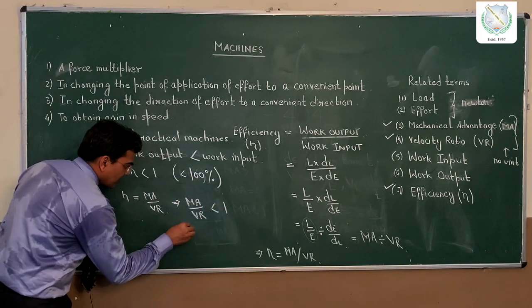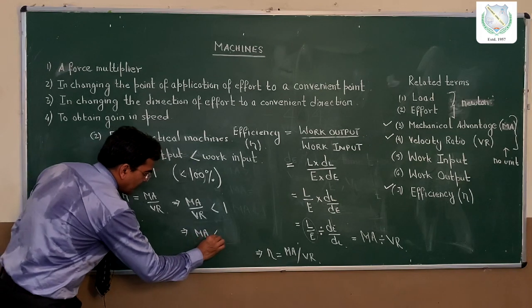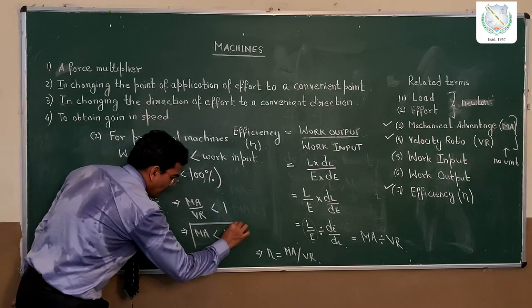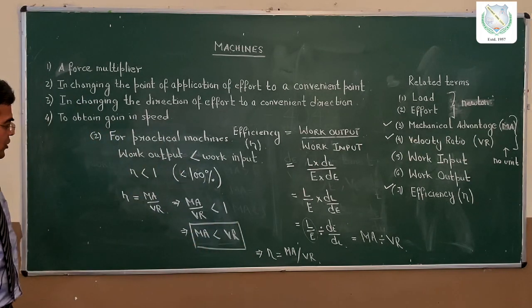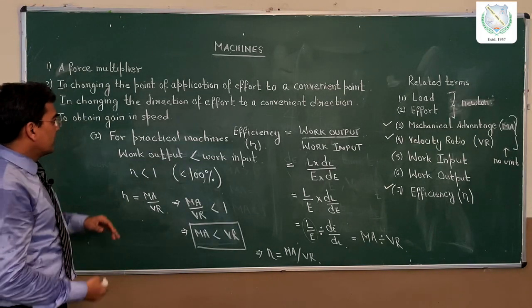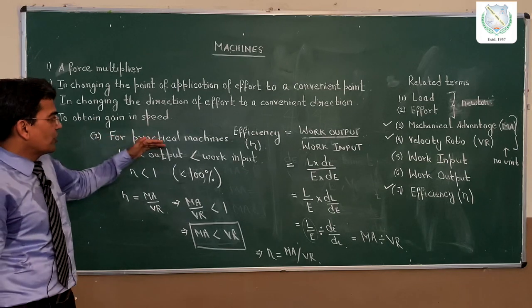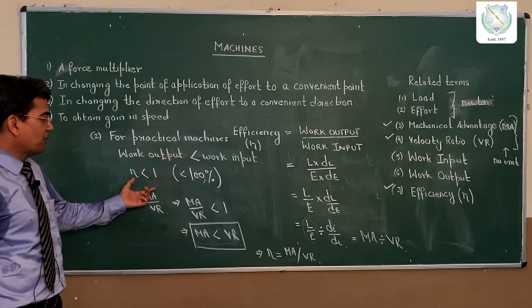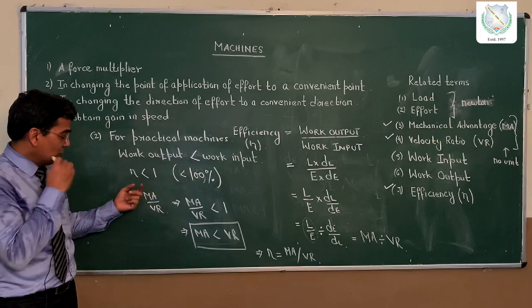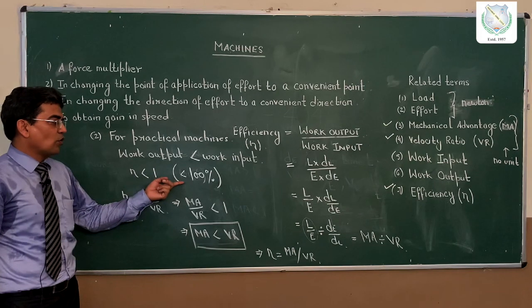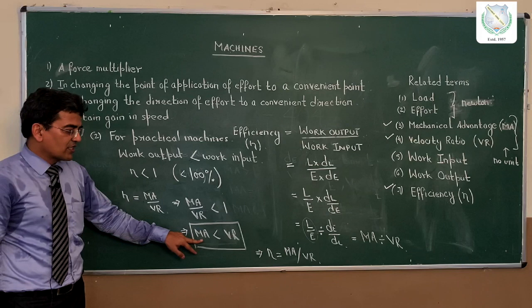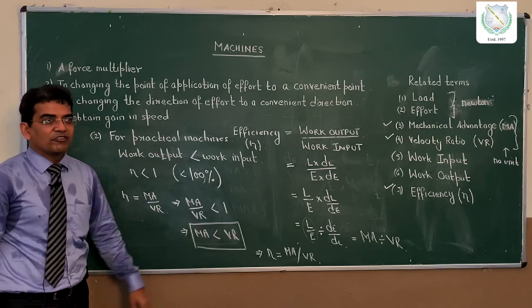So the result we get is that MA is less than VR. These two points you must remember, they are mostly asked in the exams, for an ideal machine and for a practical machine. For practical machines, work output is less than work input, so efficiency will always be less than 1. And thus the relation between MA and VR is that MA is less than VR.